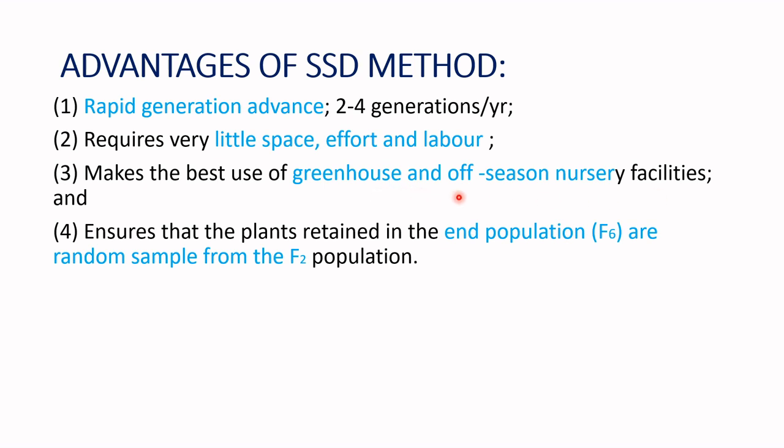We can grow a single type of crop plant in different seasons, kharif, rabi, or maybe in summer also, especially in greenhouse or off-season nurseries. And it ensures that the plants retain the population, so F6 generations are similar to F2 populations. The genetic variation which is there in the F2 population is maintained till the F6 generation.